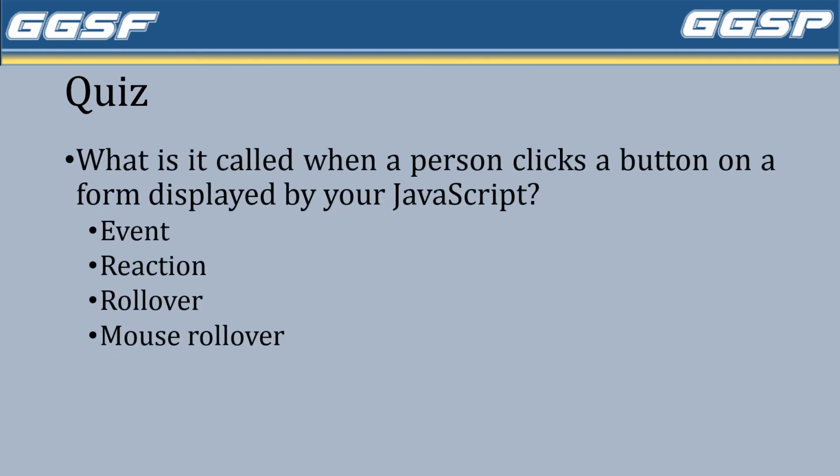And last question, what is it called when a person clicks a button on a form displayed by your JavaScript? Whether it is an event, a reaction, rollover or mouse rollover. After giving this quiz, only then will you be able to attend the next session. So, be quick and give me the answer fast.